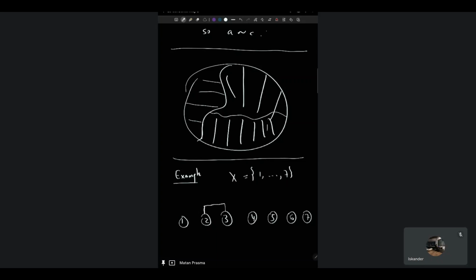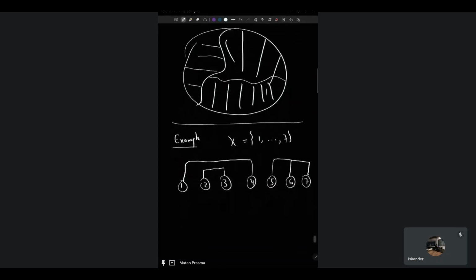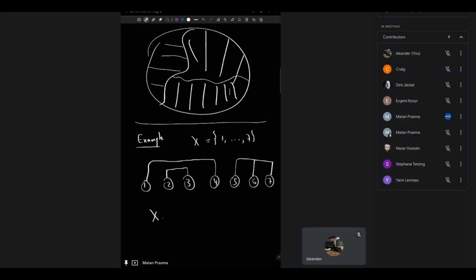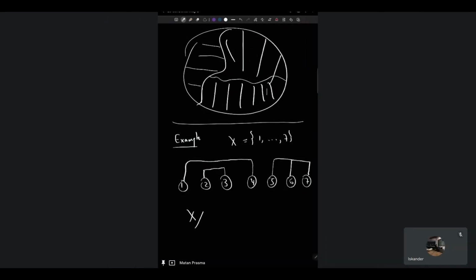Then I can illustrate an equivalence relation by this diagram. And what I get is that the quotient of X by this equivalence relation is the equivalence class of 1, the equivalence class of 2, and the equivalence class of 5.